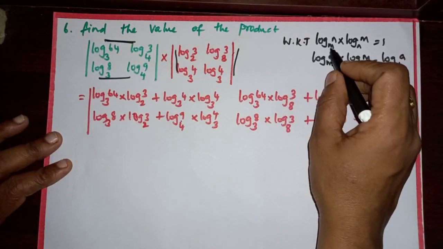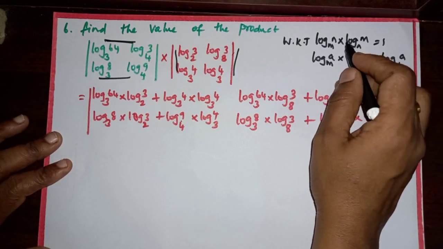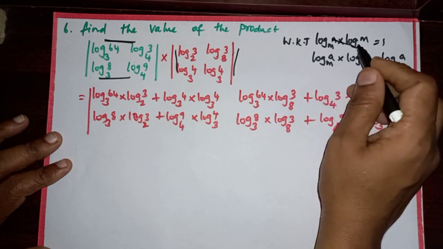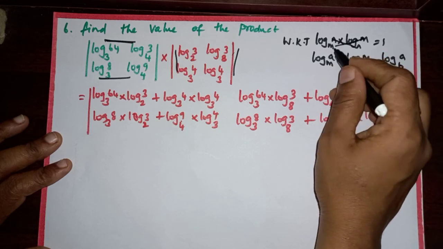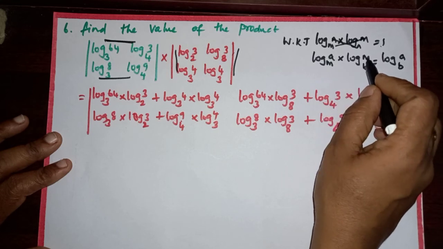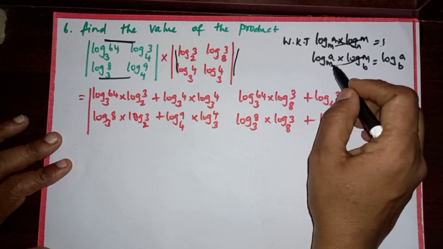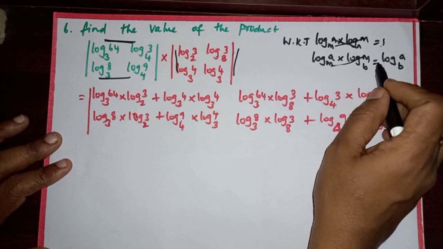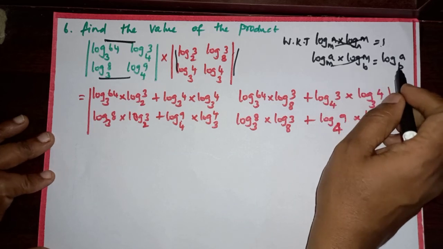We know that log n with base m times log m with base n, here the logarithmic value and base are the same, so it is equal to 1. Log a with base m into log m with base b, here the logarithmic value and base are the same, which can be written as log a with base b.